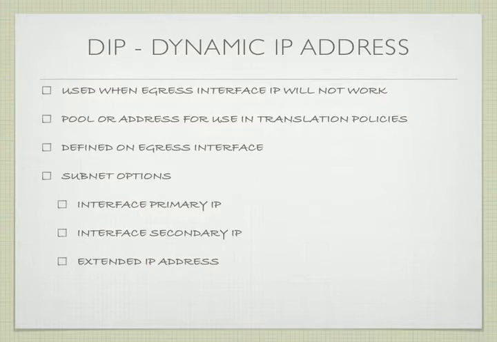They can be in the same IP range as the primary IP address. They can be in the same IP range as a secondary IP address configured on your interface, or they can be in any IP range whatsoever, which we refer to as an extended IP address. So when you create the DIP on the interface, it can be in any of these scenarios.